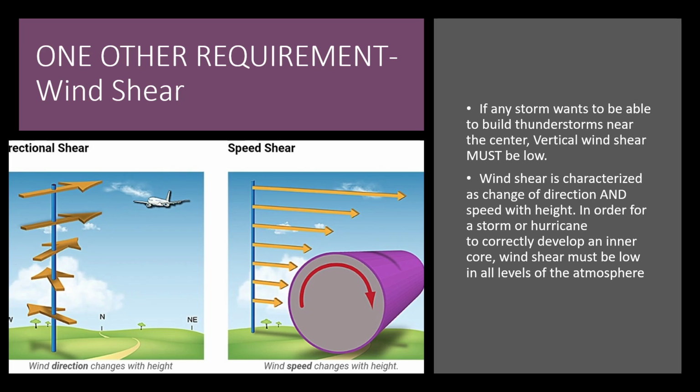Now, these storms will still be very intense, but they do not efficiently work to lower the pressures required for storms to intensify further. So you need both directional and speed shear to be relatively low in the environment.